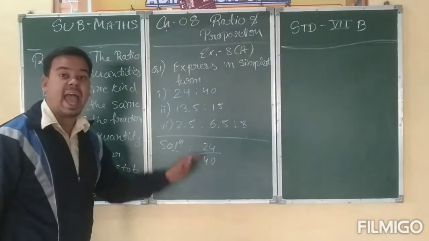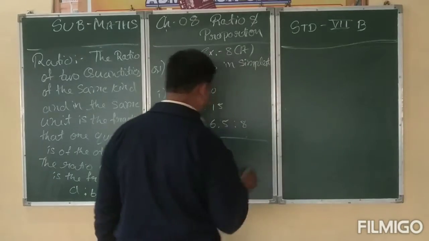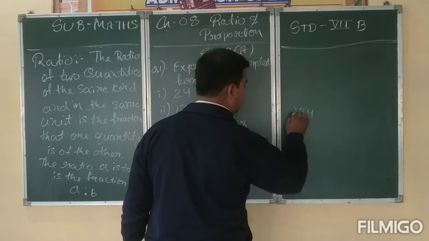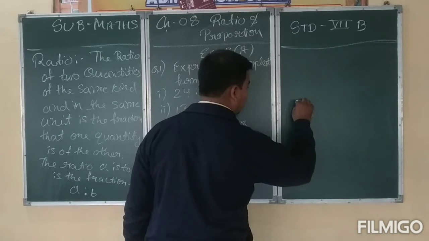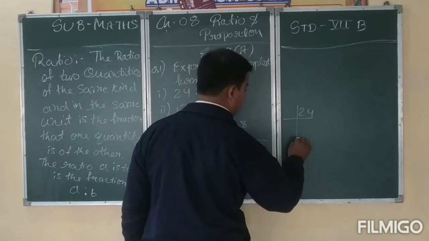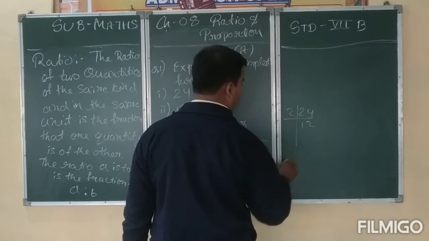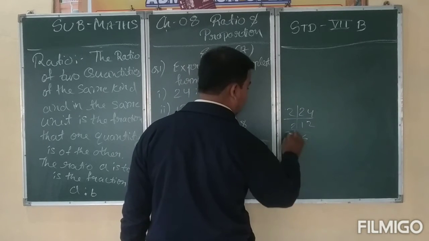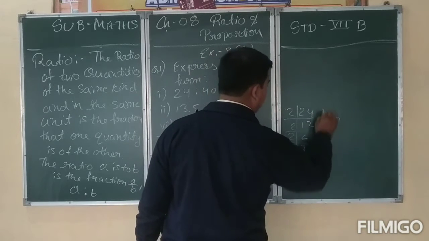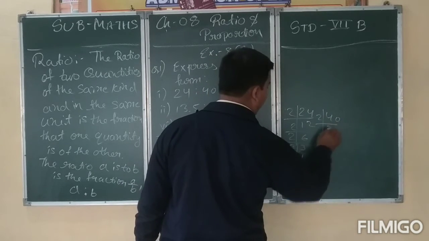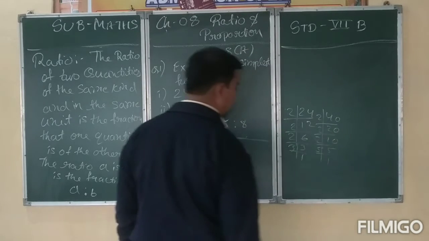First of all we find the HCF of 24 and 40. 24 is 2 twos are 4, 2 threes are 6, 3 ones are 3, and 40 is 2 twos are 4, 20, 10, 2 fives are 10, 5 ones are 5.